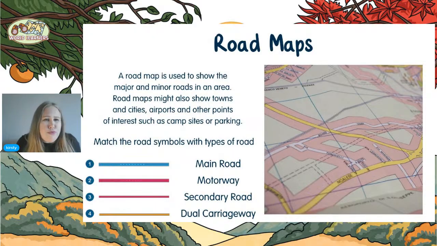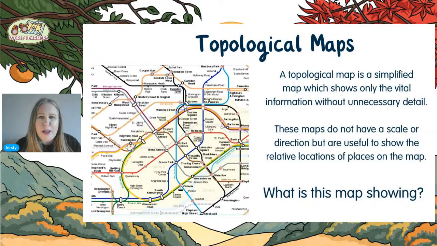And I think there's a rule about the width of the road. That's how they define them. Something like if it's more than 4 meters wide, then it's classed as a main road, rather than a secondary road is less than 4 meters wide. It's something like that. Maybe you could find that out. So those are road maps, pretty handy if you need to find somewhere.